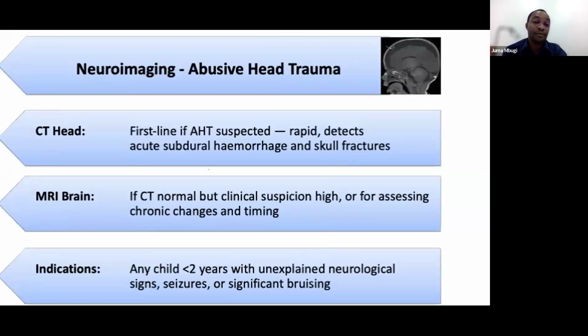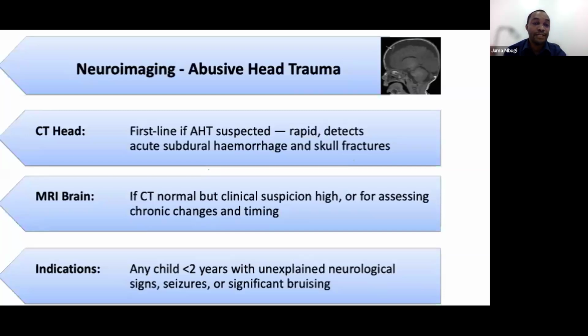And we saw the triad of abusive head trauma: the subdural hemorrhage, retinal hemorrhage, and encephalopathy. So we need to do CT to exclude those things. And you can also do the MRI if CT is normal or you have clinical suspicion of other things.